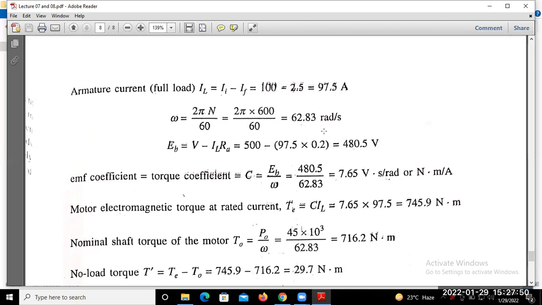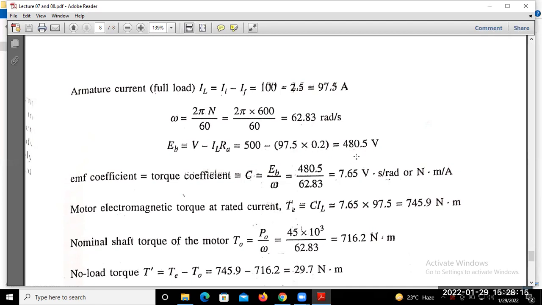So 500 minus IA, where you already found IA equals 97.5 ampere, into armature resistance 0.2, that is equal to 480.5 volt. This is the back EMF induced in the DC shunt motor.